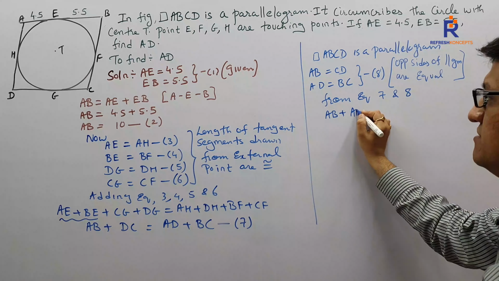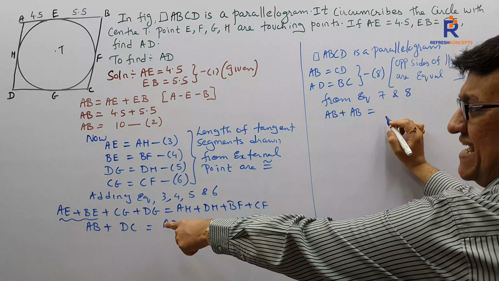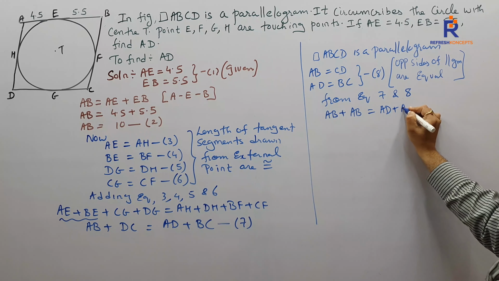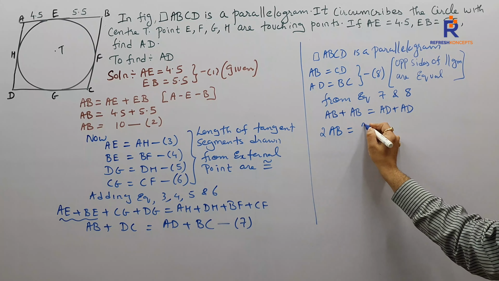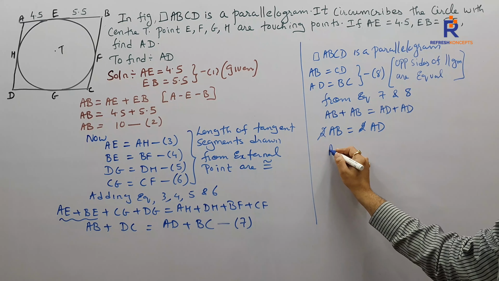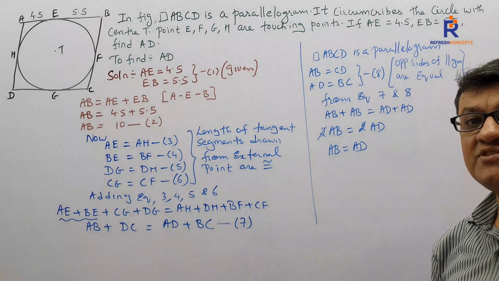So can I say AB plus AB? Likewise, AD plus BC, but BC is congruent to AD, so AD plus AD. 2 times AB is 2 times AD. The 2 cancels off. What am I left with? AB is equal to AD.